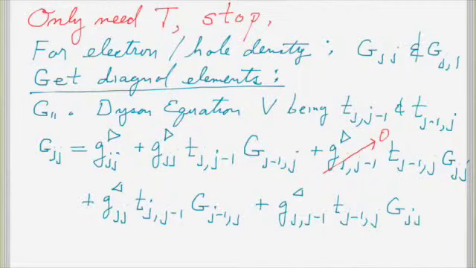Okay, for the same reason that the left connected or right connected J minus 1 was 0, this guy is also going to be 0, because it crosses that boundary. The interesting case is this guy here.